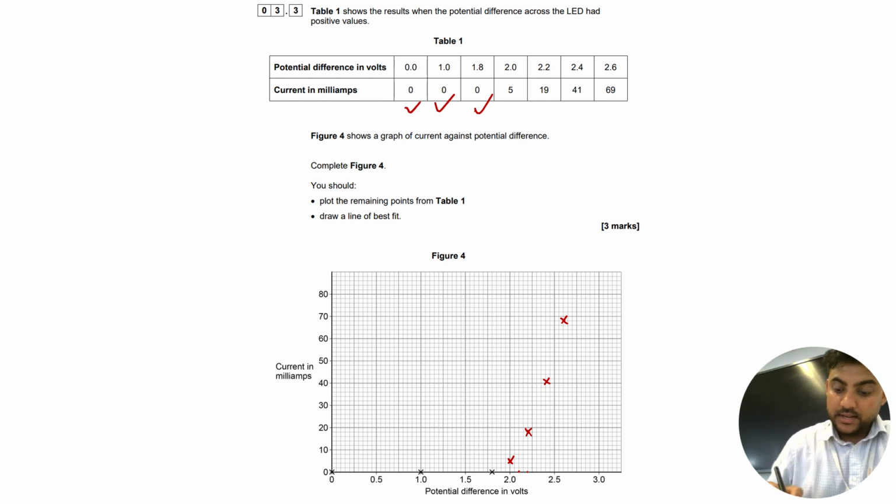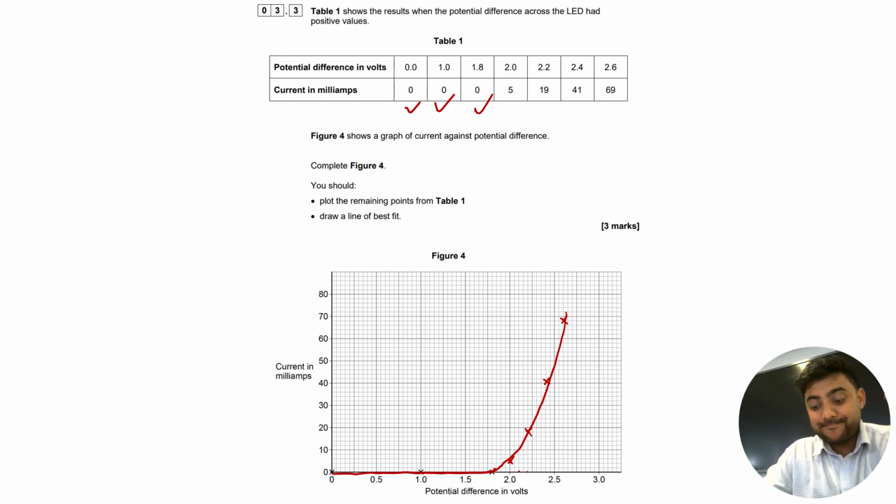The line of best fit should look like this. Now, this is tricky stuff to do. Obviously, I struggled because I was working with one of these pens. You should be able to get right close with a sharp pencil and put X's that are no more than half a square away from their accurate place.